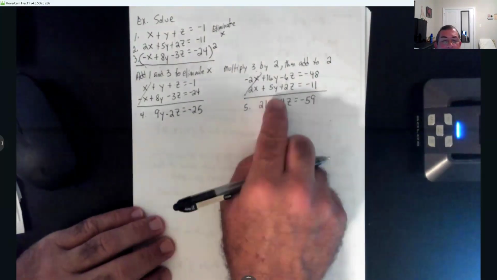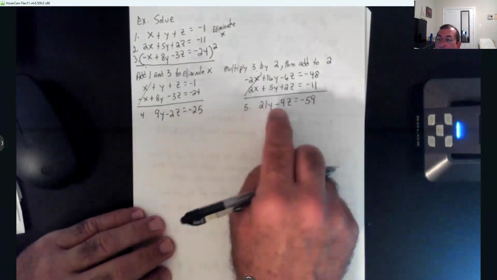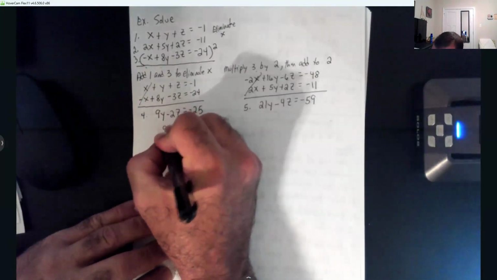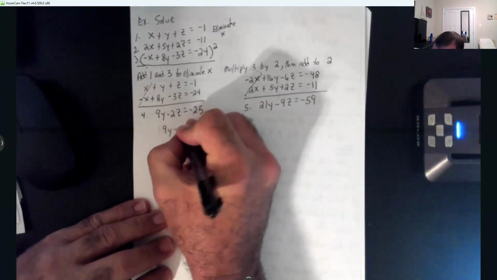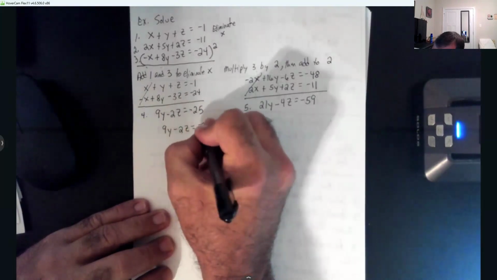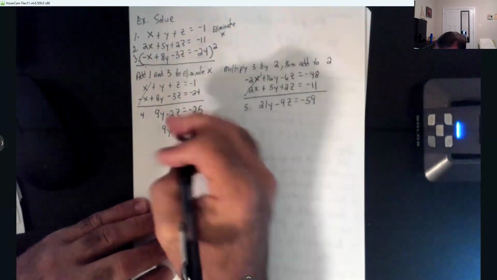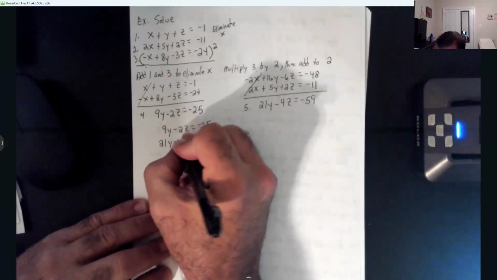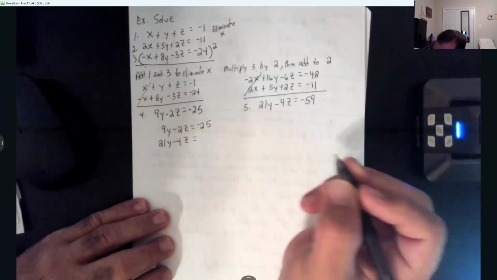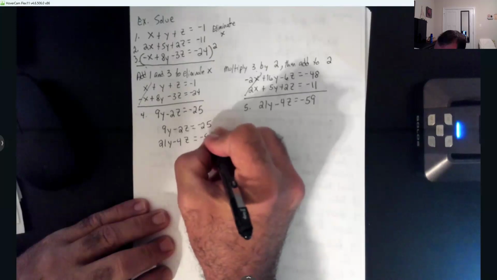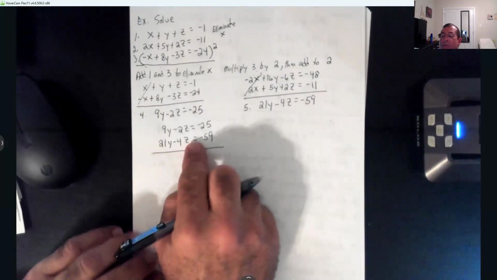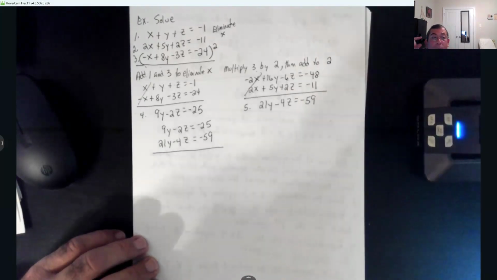So y'all see now, if 4 and 5 both have Y's and Z's left, so these two equations now become a 2x3 system. So you now have a 2x3 system that we can now solve like we did on the first page of notes.